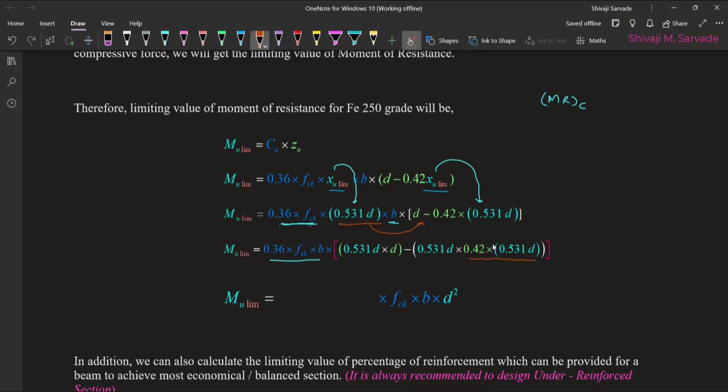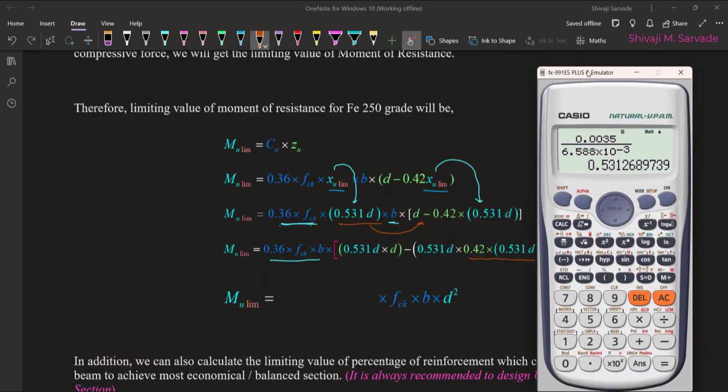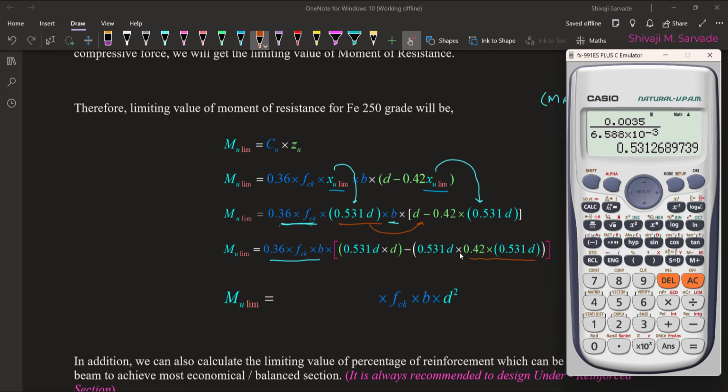Now this calculation can be done. Let's do it here first. We have to multiply 0.531 into 0.531 into 0.42. So I am solving this portion, 0.531 into 0.42 into 0.531.